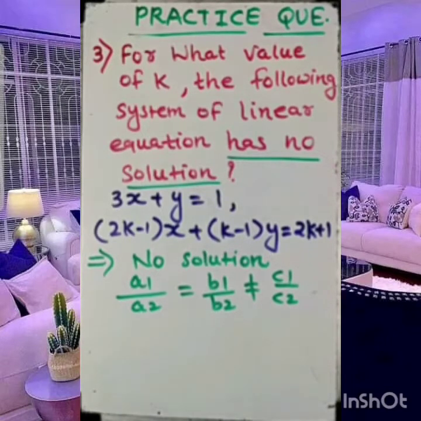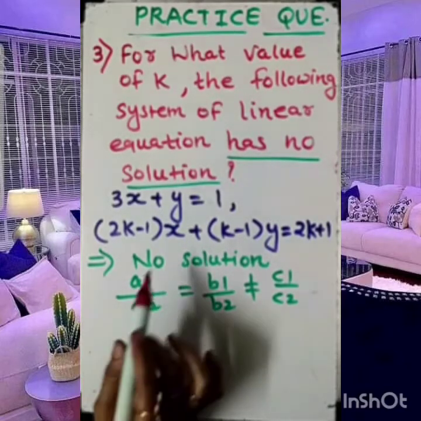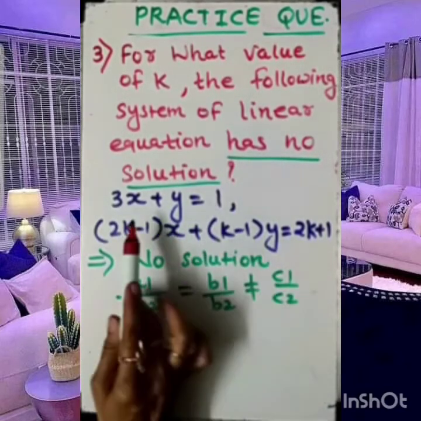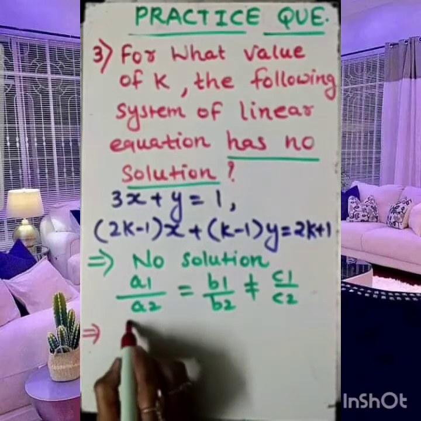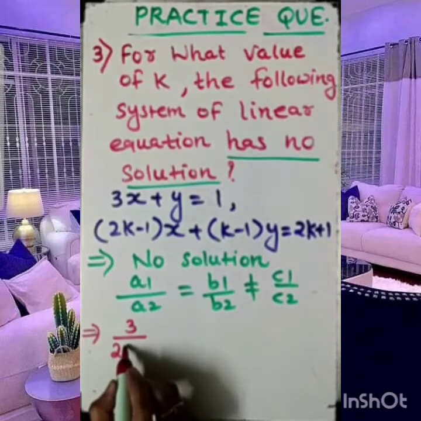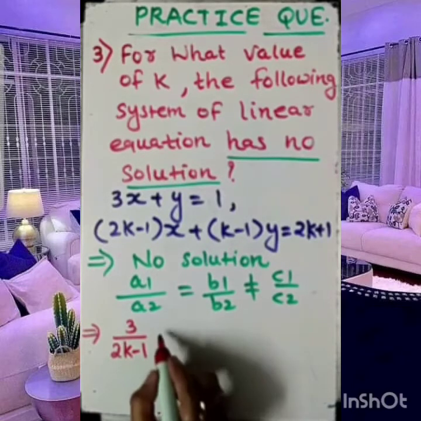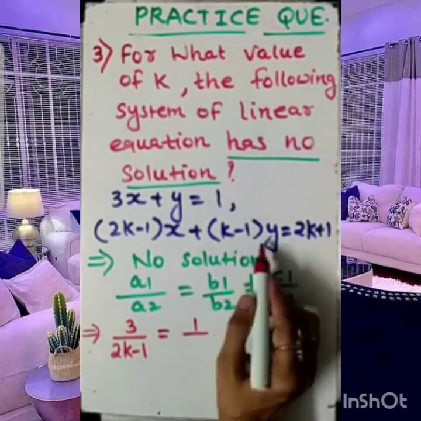In such a case, the equation has no solution. So how to go with that? Focus on your a, b, c part. First, for a, it will be 3 here. The coefficient of x is 3, a2 is k minus 1, equal to, here it is 1 and here k minus 1.